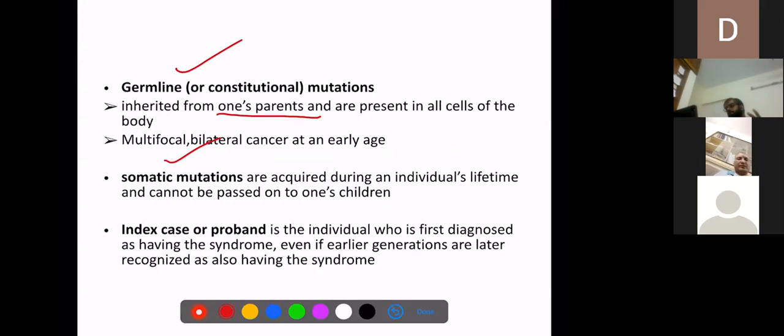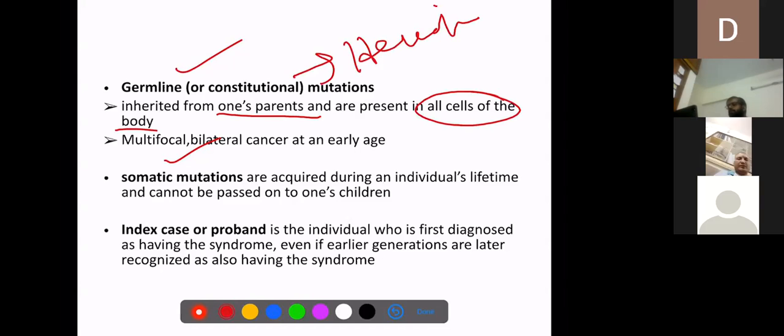It can be inherited from both parents, or inherited from one generation to the other. And once it is inherited, it is present in all the cells of the body. So in case of a germline mutation, hereditary cancer occurs. A hereditary cancer usually manifests at an early age, and the tumors are going to be multifocal, bilateral, and highly aggressive when compared with sporadic cancers, which occur due to a somatic mutation.